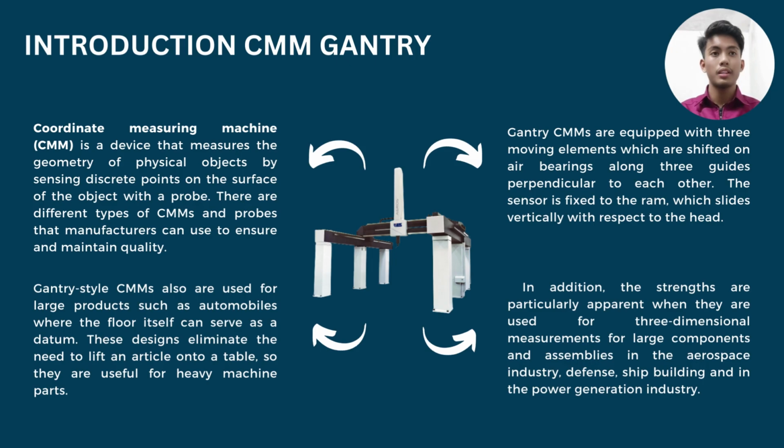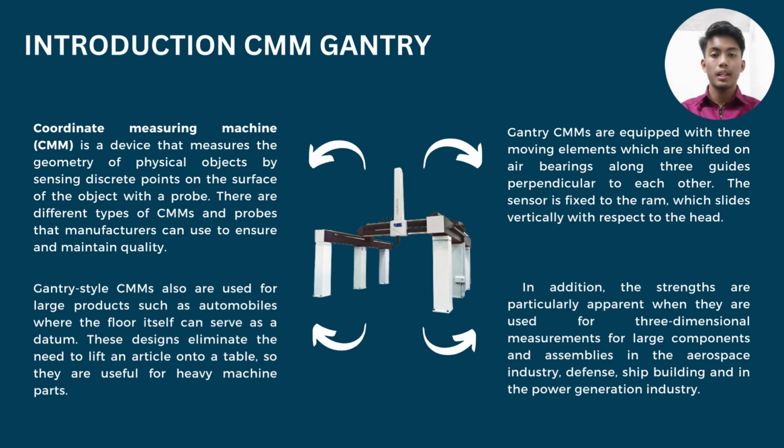Next, about the gantry, CMMs are equipped with 3 moving elements, which are shifted on air bearings along 3 guides perpendicular to each other. Next, the sensor is fixed on the ram, which slides vertically with respect to the head. Gantry style CMMs also are used for large products such as automobiles, where the floor itself can serve as a datum.